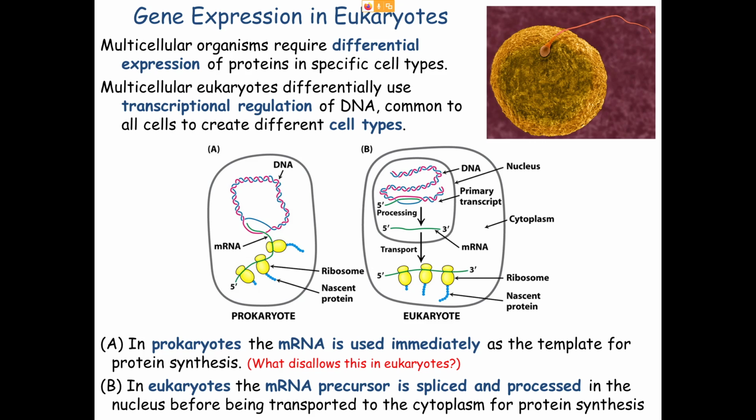So how does a prokaryote get around this? Well, prokaryotes generally make things called multi-cistronic messages. So one piece of mRNA encodes for many proteins, maybe 2, 3, 4 proteins. And if you look back at your lac operon, you'll see that was an example of that. So we have several proteins being encoded by the same message, and the ribosomes hop on immediately and start making all of them.